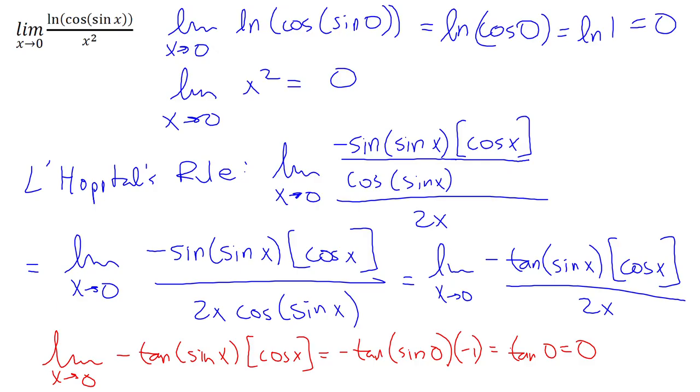And I've kind of run out of room here, so we'll go to a new page. We also can see that the denominator there, the limit as x approaches 0 of 2x, is also 0, which means we're going to use L'Hopital's rule again.